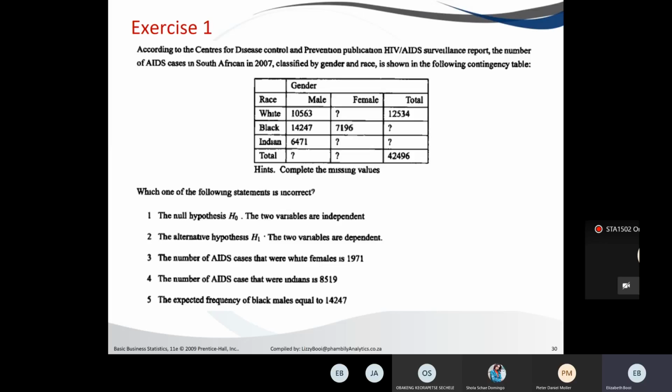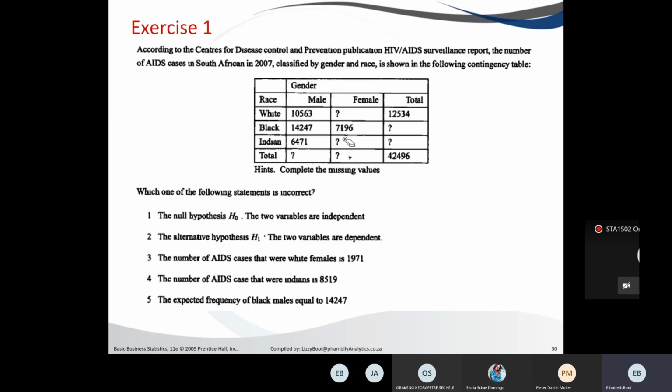It is the total minus the males, which will give you the females. The same will apply. How do you get the female total? You cannot get the female total if you haven't calculated your females or your Indians. So you will need to calculate the female value and calculate this to get that value. So that's what they want.